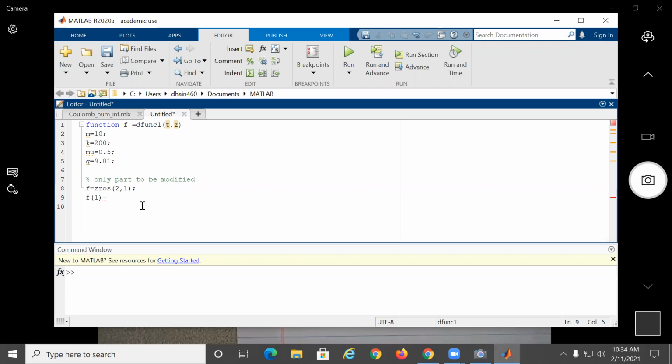Here we'll have f1 should be equal to z2, and f2 should be equal to minus k over m times z1 minus mu times g, and MATLAB has a function called sine, which is called sine over here, of z2.